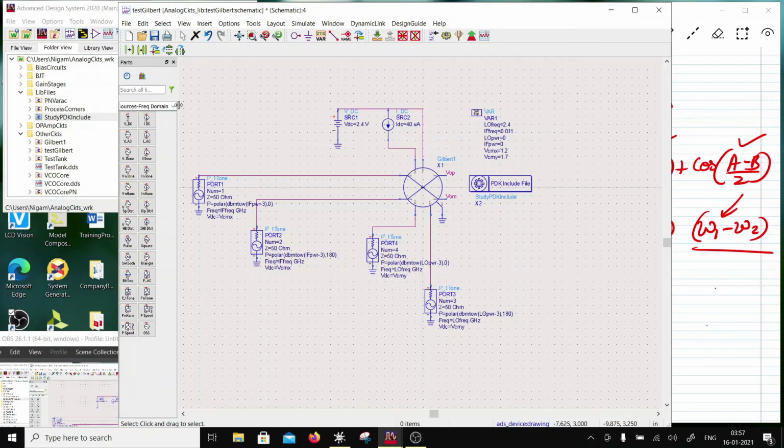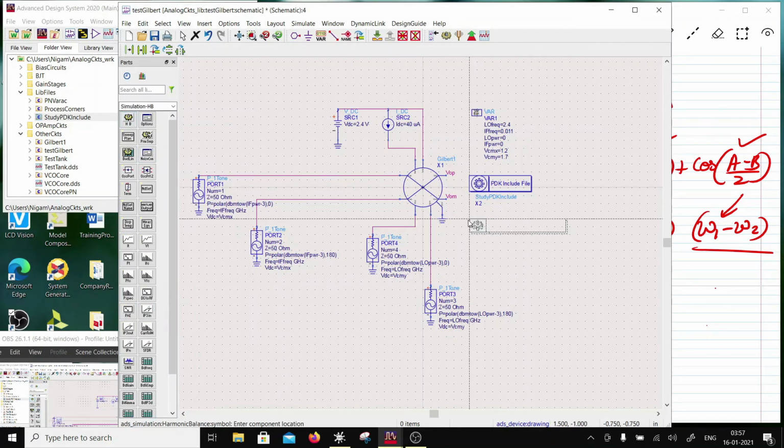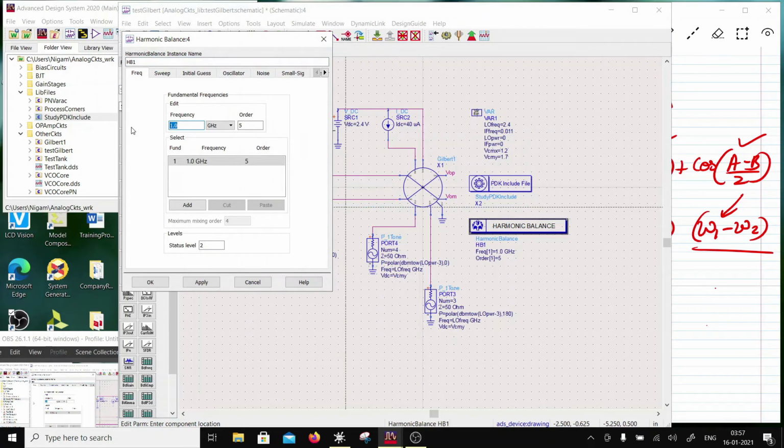So I will go to simulation, harmonic balance, and I'm going to put in 2 tones. One would be LO frequency, LO FREQ, in gigahertz, and say apply.